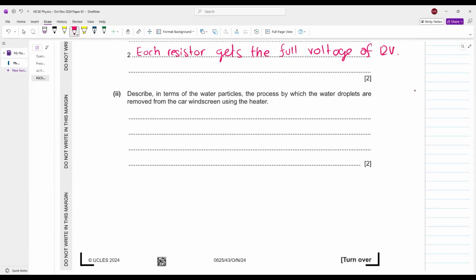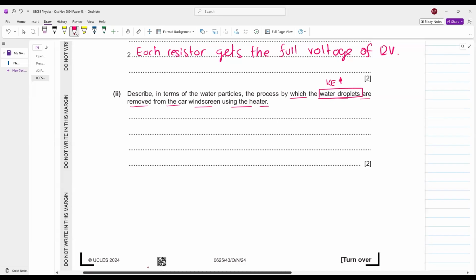Describe in terms of water particles the process by which water droplets are removed from the car's windscreen using the heater. So what happens? The heater provides heat to the water droplets. This causes the kinetic energy of the water molecules to increase.